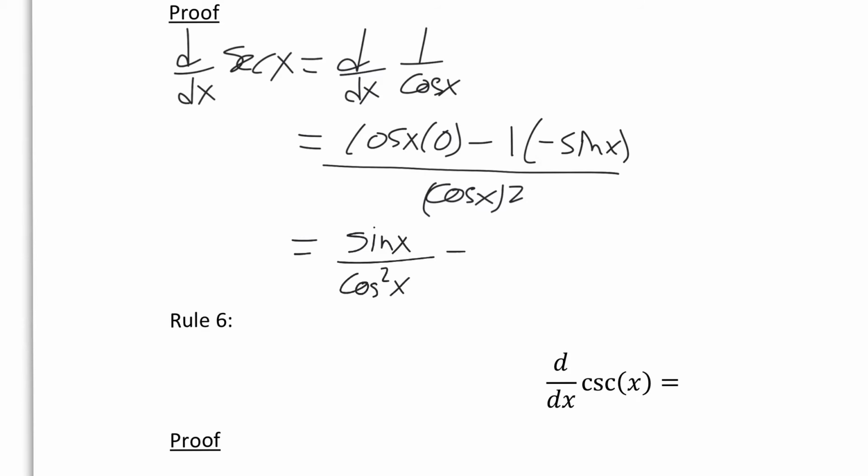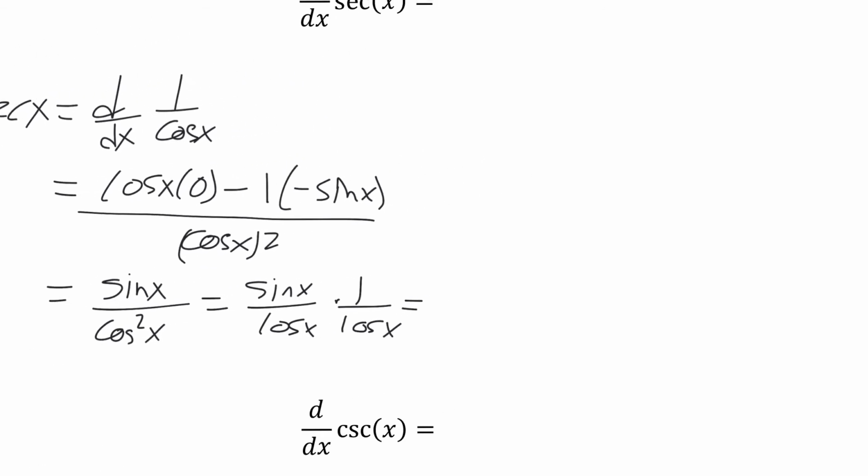Now to make this look nicer, we'll often write it as sine x over cos x, and then there's another 1 over cos x. So we're just trying to make this look as nice as possible here. Helps us for memorizing.